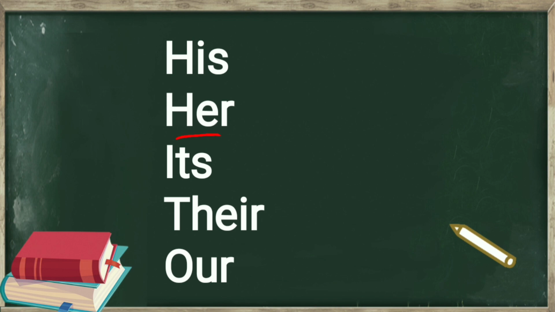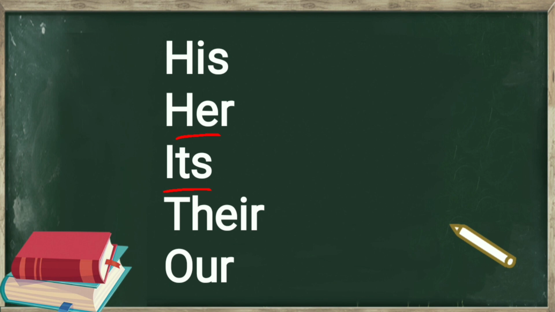Her is used when the things belong to a woman or a girl. Her bag, her dress, her ball. Its is used when the things belong to an animal or a thing.